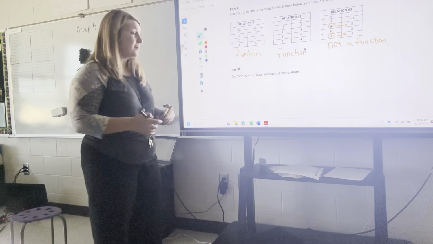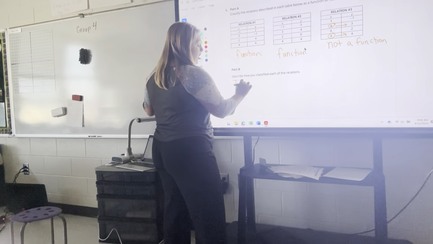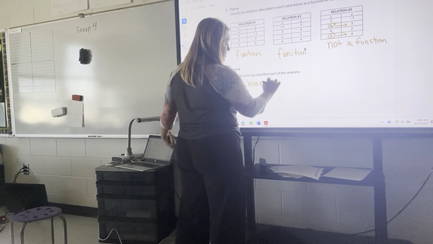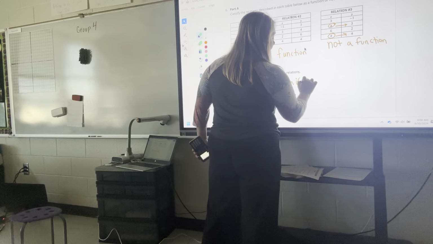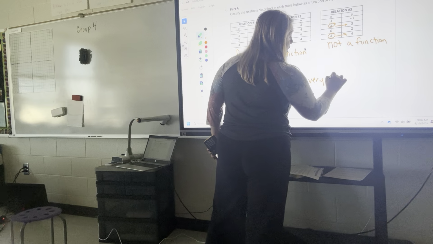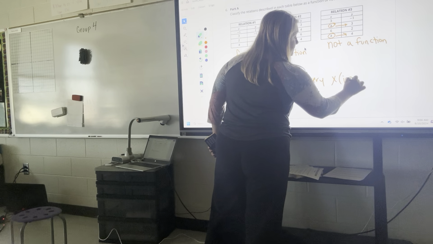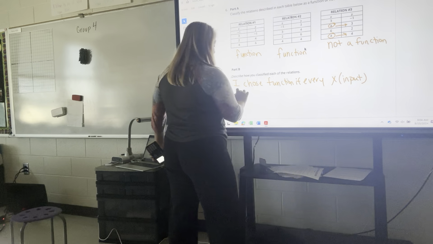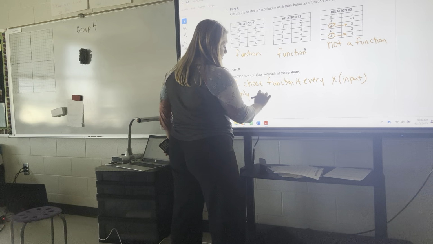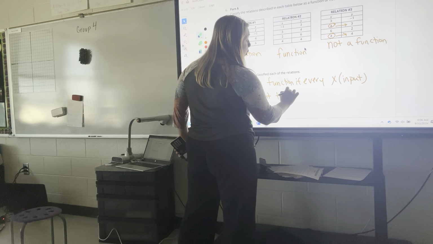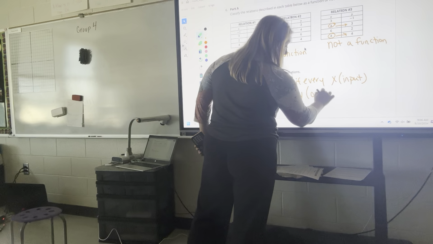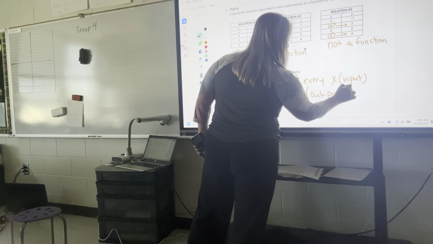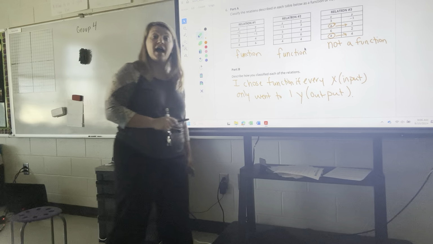So you would just say something like, I chose functions if every x / input only went to one y / output. Okay, so remember, another word for x's are input, another word for y is output.